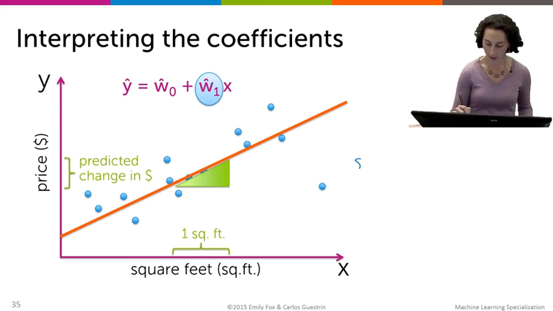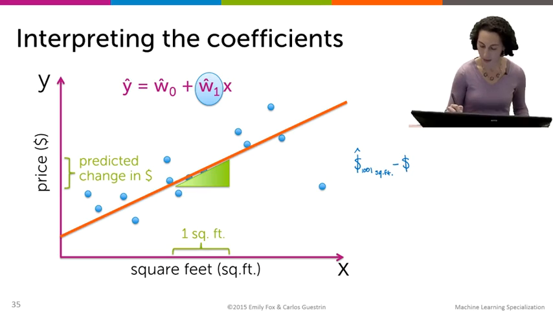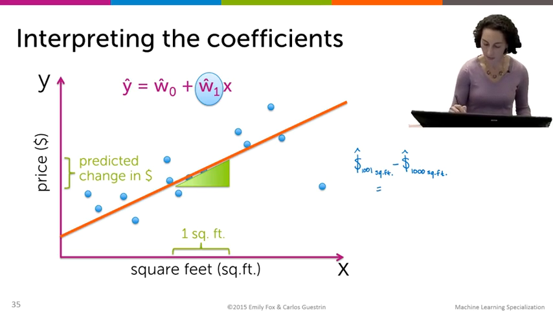So for example, let's say I'm looking at estimating the value of a house with 1,001 square feet, and I want to look at the difference relative to the estimated value of a house with just 1,000 square feet. Well, what is this? For the first term, estimating a house with 1,001 square feet, I'd take w hat 0 plus w hat 1 times 1,001 square feet.